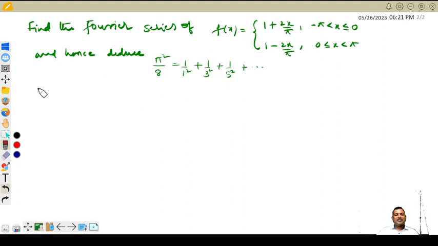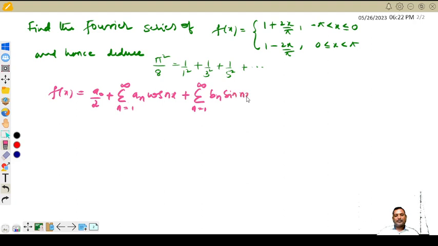Students, as usual, we know that the regular method is first we write the Fourier series, that is, Fourier series f of x is equal to a naught by 2 plus summation n runs from 1 to infinity a n cos nx plus summation n runs from 1 to infinity b n into sin nx.